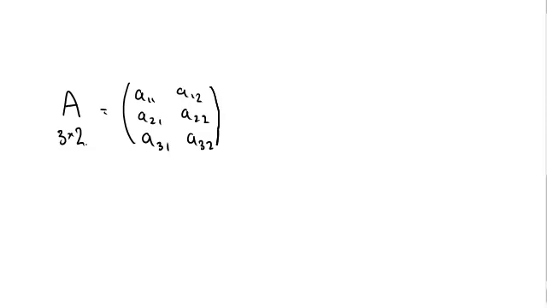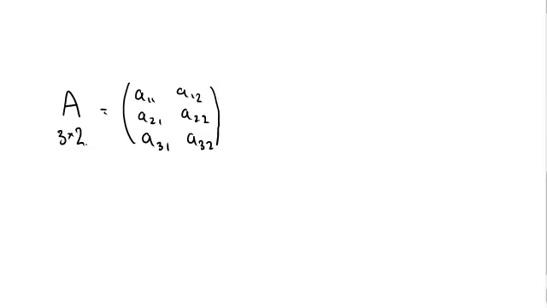So I have 6 variables from a_11 through a_32, each variable representing a particular number. We use this notation when we would like to say that A is an arbitrary matrix, where each element is a variable representing a particular number, but we don't really care what that number is.